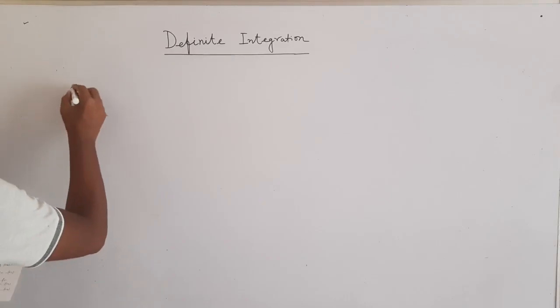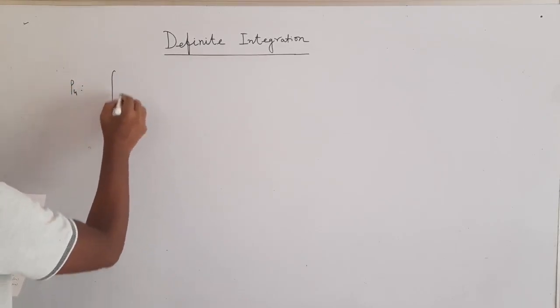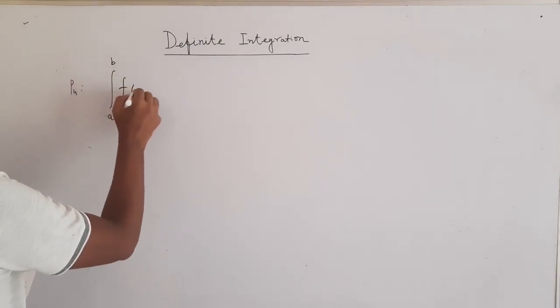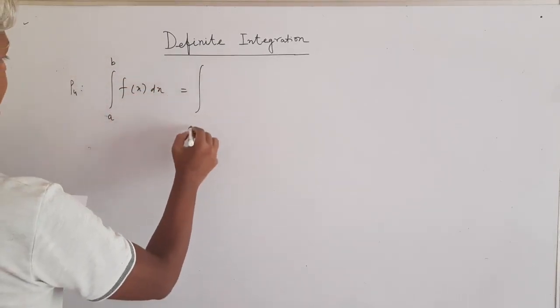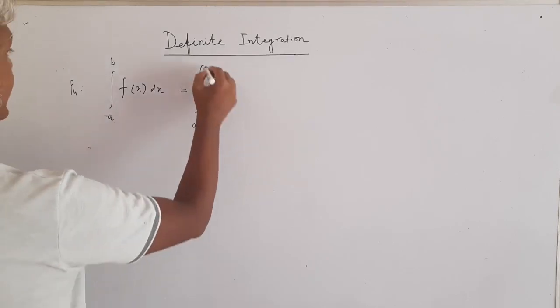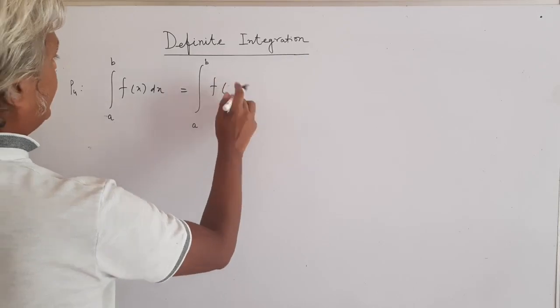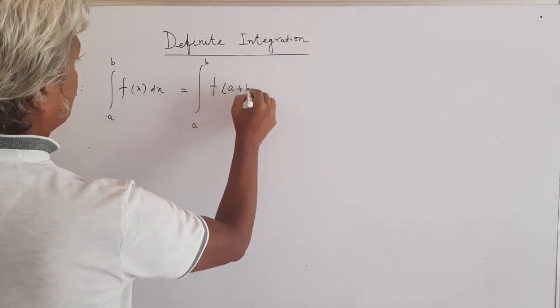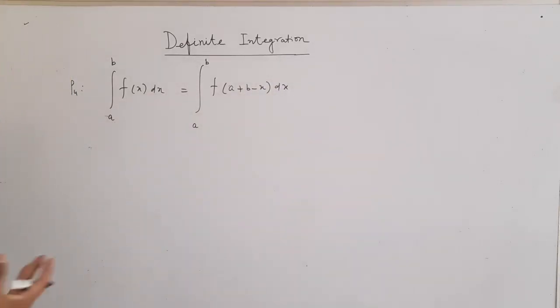Property 4 goes like this: integration of a to b f(x) dx is integration of a to b f(a plus b minus x) dx. Why, how?